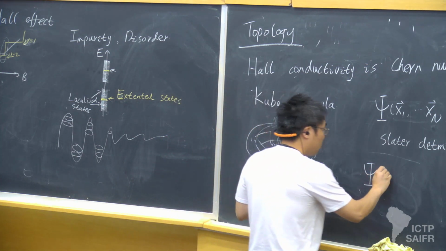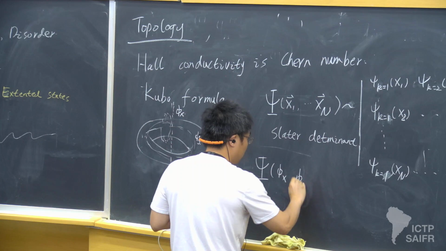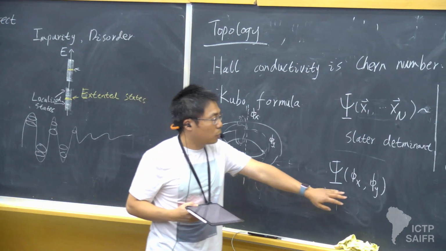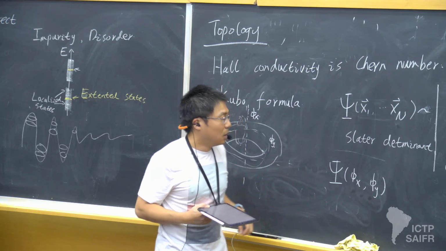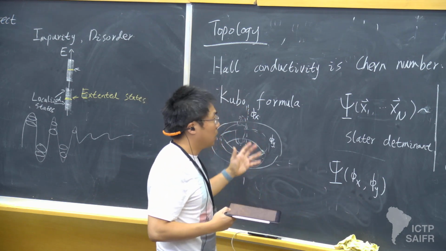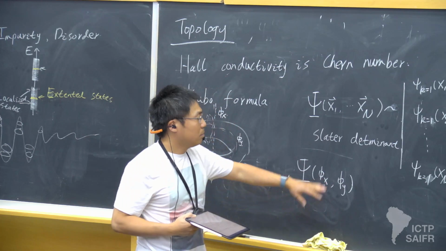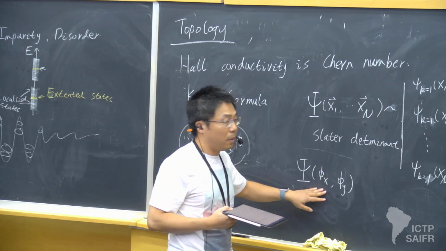So let me write this wave function as a function of two variables, phi x and phi y. For phi x and phi y equal to 0, in the clean limit, this wave function is really just this guy.